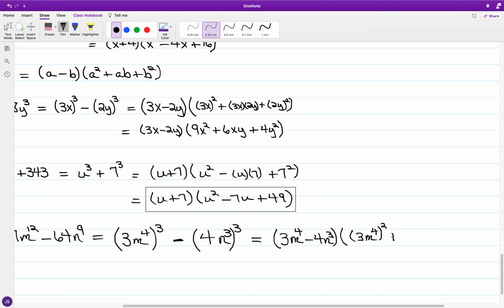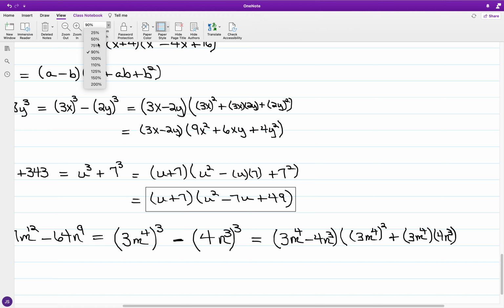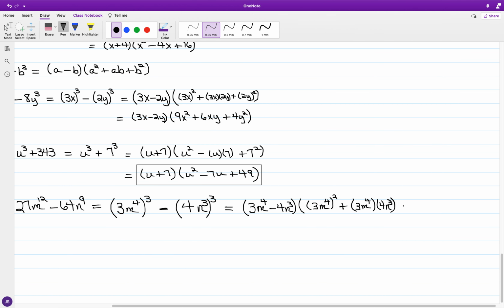We have plus ab, so we're looking at multiplying 3m to the 4th and 4n cubed. And we have plus the square of b, which would be plus the square of 4n cubed.